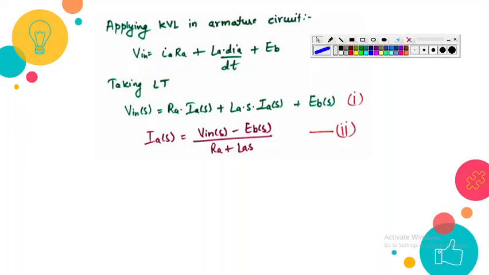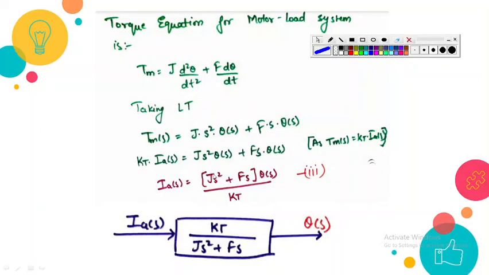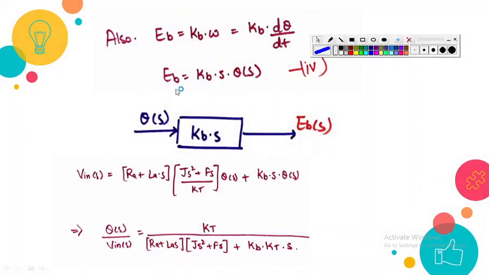Okay, Vin equal to RA into IAS plus LA s into IAS plus Eb, the first equation that we have written. So we can take IA as common, and IA we have established in terms of theta. Also Eb we have established in terms of theta. Here you can see we have the relation between IA and theta s, and also the relation between Eb and theta s.